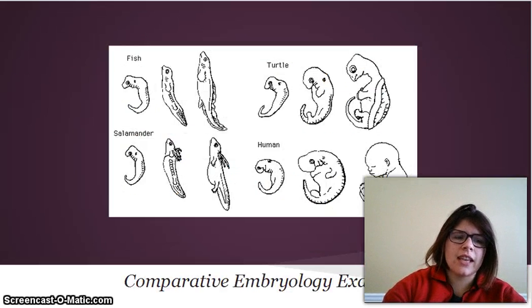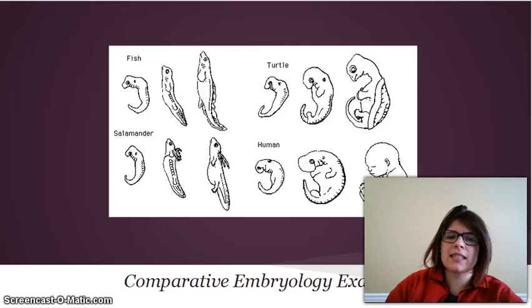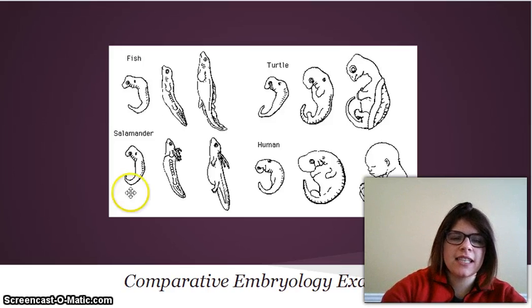Let's move on to look at some pictures of this. So this is a comparative embryology example, and as you can see, you have a fish, you have a turtle, a salamander, and a human. And as you can see, all of these start out with a tail, even you do, and they have the pharyngeal slits, as you can see right through here.